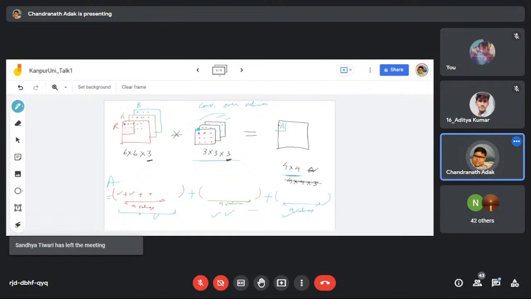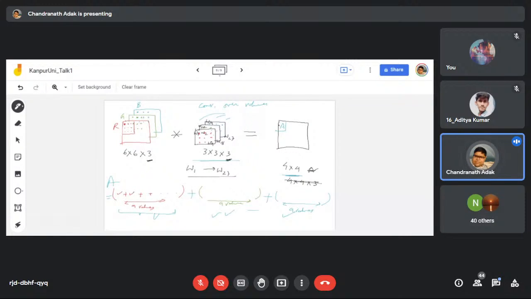So here, these are actually W1, W2 up to W9. In the second position, W10 to W18. And again here W19 to W27. So you have W1 to W27.